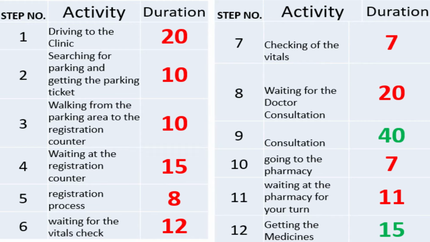So the customer does not want to pay for all the red figures that you see on your screen. He wants to pay only for the activities that are green, and which is only two, number 9 and number 12. So finally, to make an assessment on where we stand actually, we need to have a quantitative indicator.